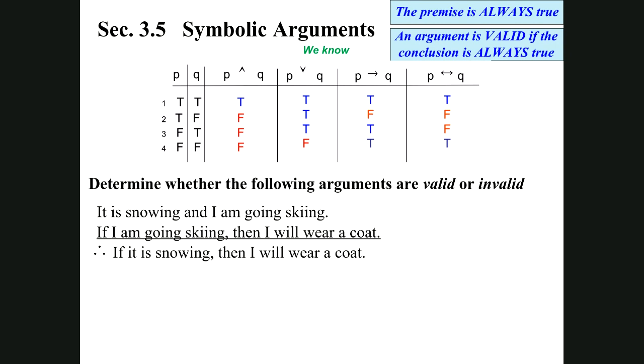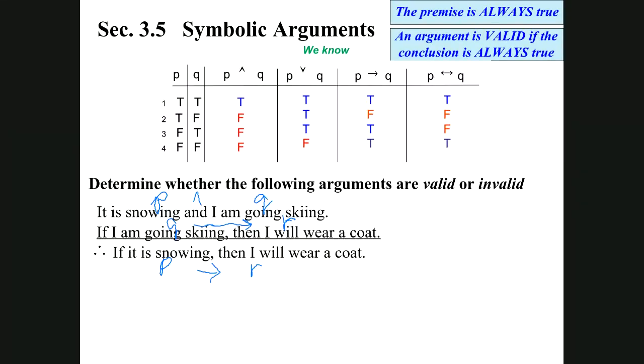Alrighty, it is snowing, P, and I am going skiing, and Q. If I am going skiing, if Q, then I will wear a coat. Now, that's a third statement, then R. Therefore, if it is snowing, therefore, if P, then I will wear a coat, then R. Okay.